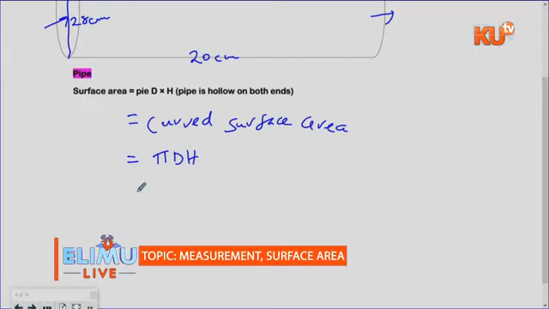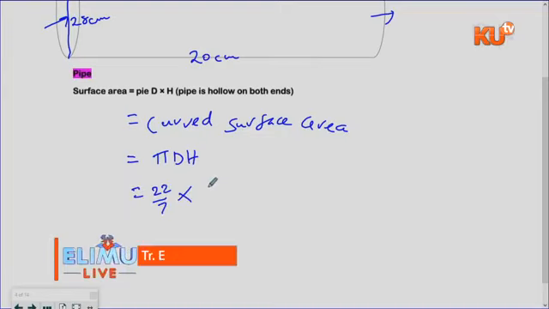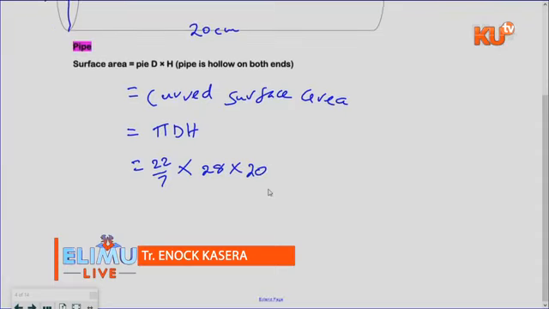So just use the curved surface area. You take 22/7 times the diameter. Our diameter is 28, and then the height is 20. So what we do next, we can cancel: 7 goes here 1, 7 goes here 4.